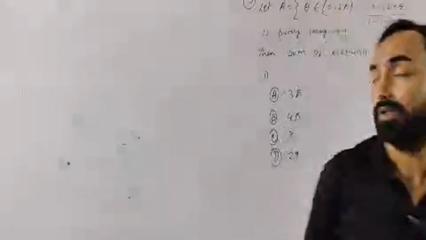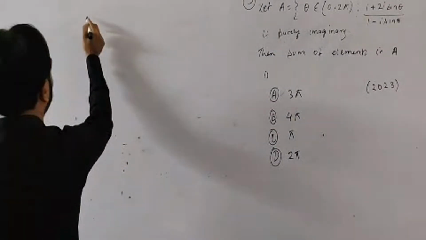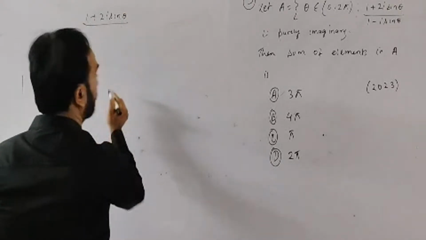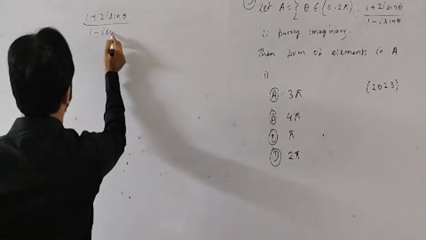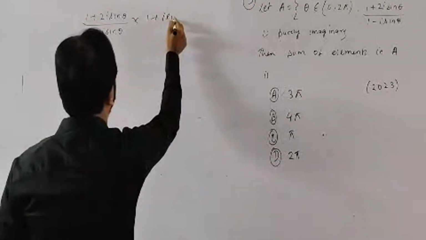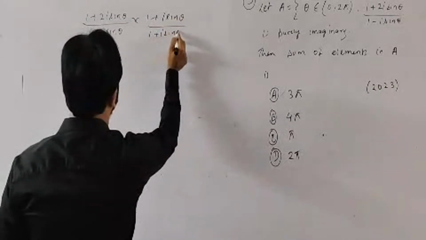First of all, theta belongs to 0 to 2 pi, so we'll take care of this range. We'll write (1 plus 2i sin theta) divided by (1 minus i sin theta), multiplied by, again rationalization, (1 plus i sin theta) divided by (1 plus i sin theta).